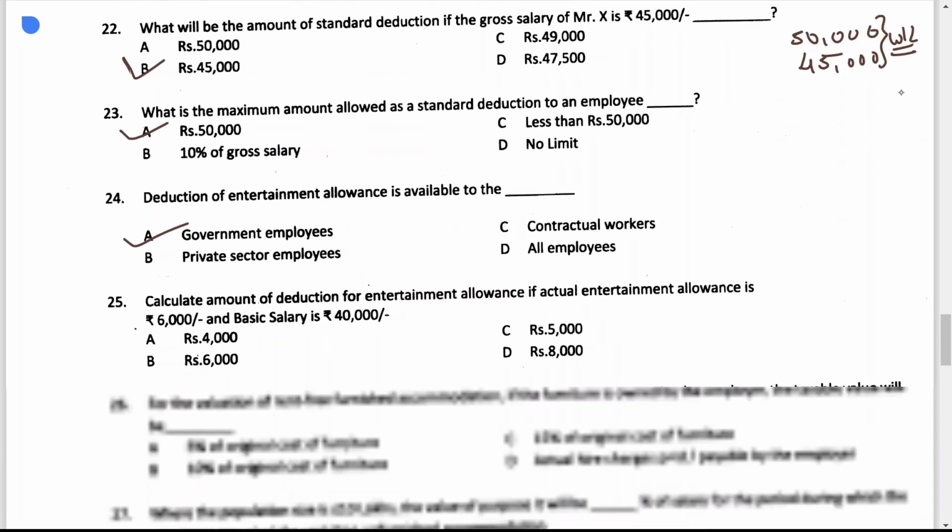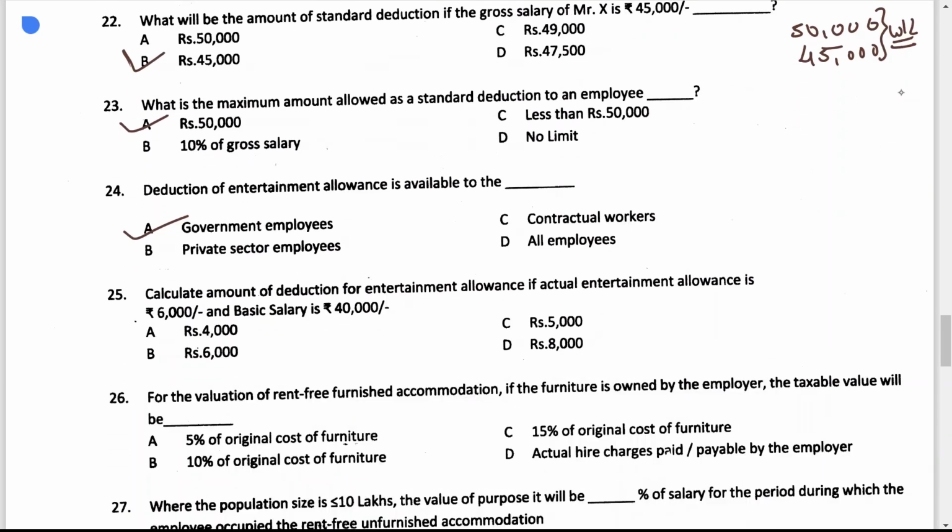Now next one, calculate the amount of deduction of entertainment allowance if actual entertainment allowance is 6,000 and basic salary is 40,000. So here you have to make comparison of three amounts. Actual entertainment allowance received, then 20% of basic salary. So basic salary is 40,000, 20% of it is 8,000.